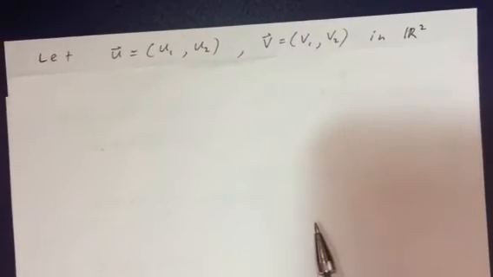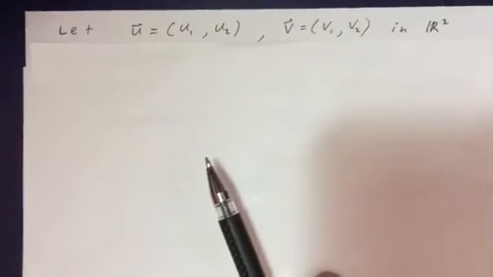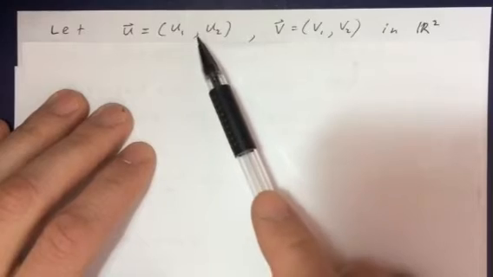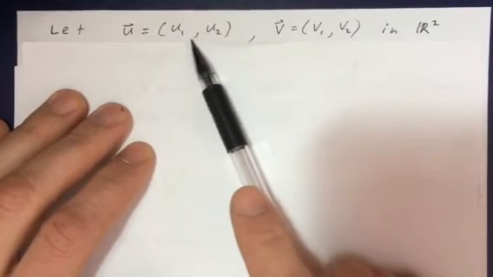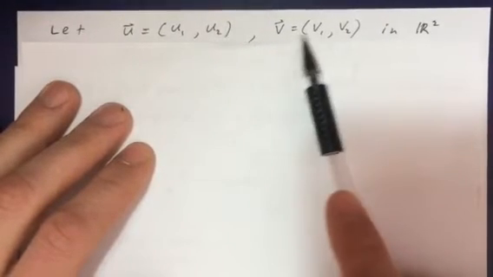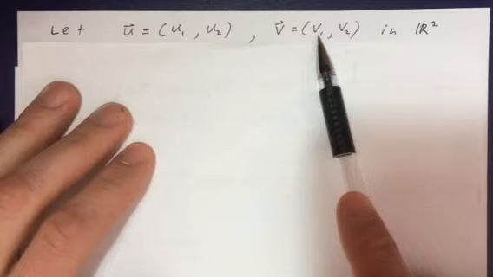All right. So let vector u equal u1 and u2. These are the x and y coordinates. Vector v is v1 and v2. These are the x and y coordinates in R2.